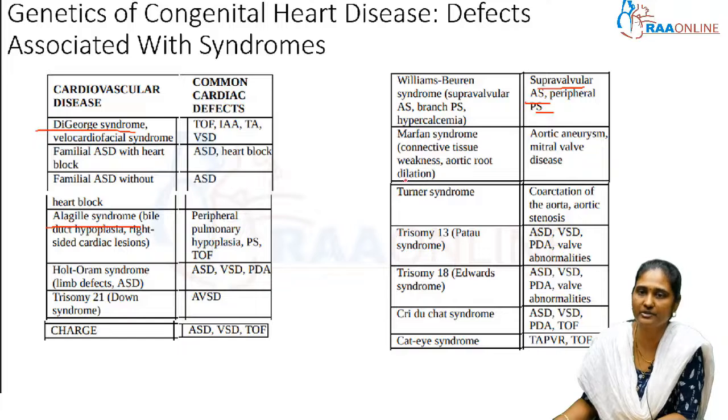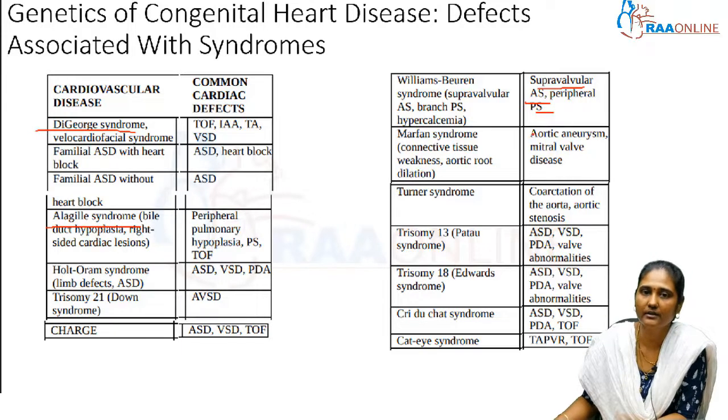Marfan syndrome, a connective tissue disorder, is associated with aortic aneurysm, aortic root dilatation and mitral valve disease. Turner and Patau and Edwards syndromes I already mentioned. Two other syndromes, Kabuki and similar syndromes, are associated with septal defects. In almost all the genetic defects, ASD, VSD, PDA and tetralogy of Fallot remain common.